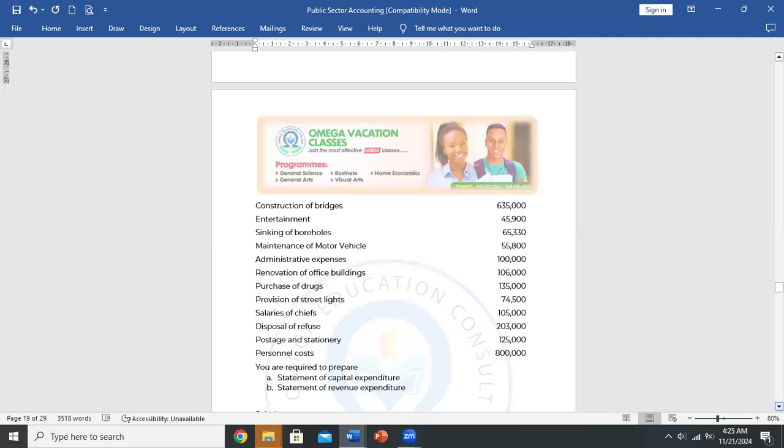Maintenance, revenue. Thank you. So all maintenance are revenue or recurrent expenditure. Great. Prof. HR, administrative expense. Recurrent. Thank you. Perfecto. Renovation, this one I'll say it myself. That is capital expenditure, renovation.